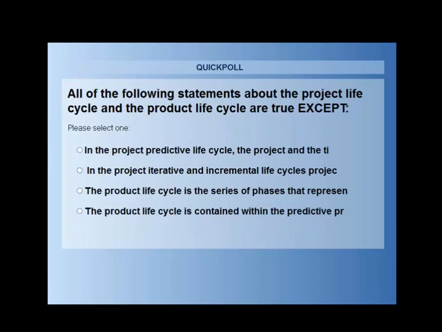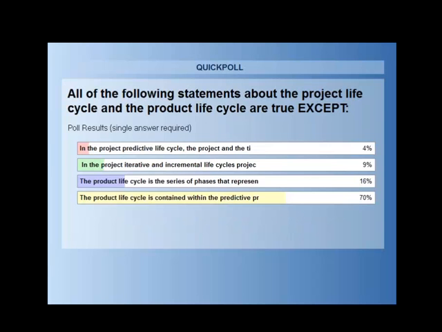The product lifecycle is a series of phases that represent the evolution of a product from conception through delivery, growth, and that would be true. And the product lifecycle is contained within the predictive project lifecycle. No, that's not true. So D is the correct answer there. It's the only wrong answer. So those who answered D would be correct. And I'll just show you the end result of that particular poll.